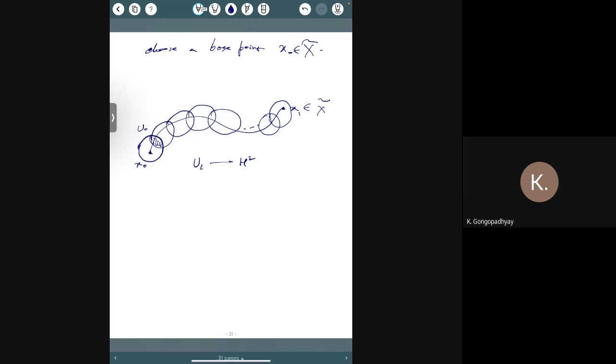There is also a sort of unique extension property. So let me write it down: cover gamma, 0, 1 to X tilde by coordinate charts.